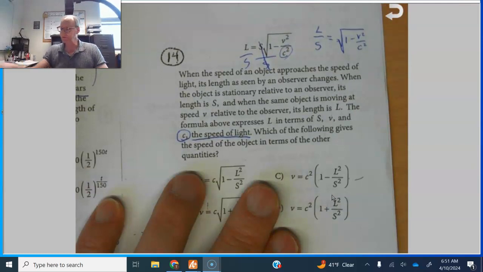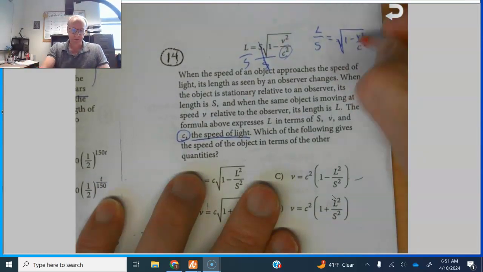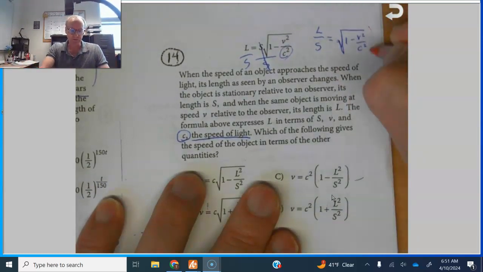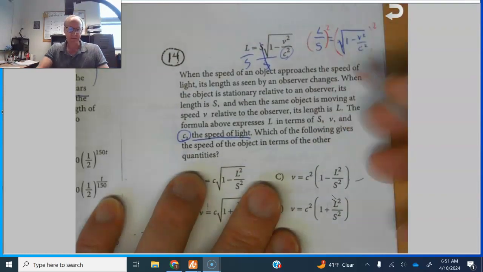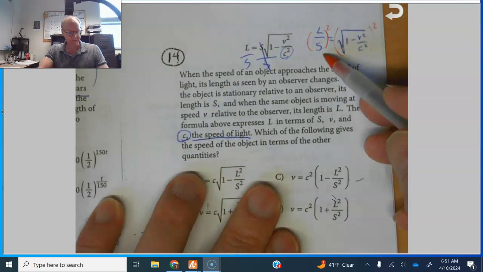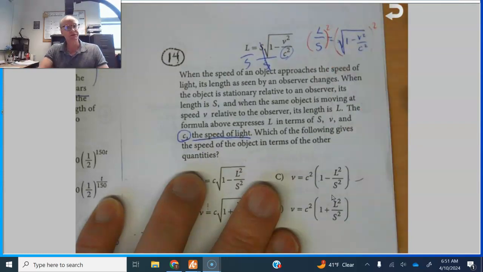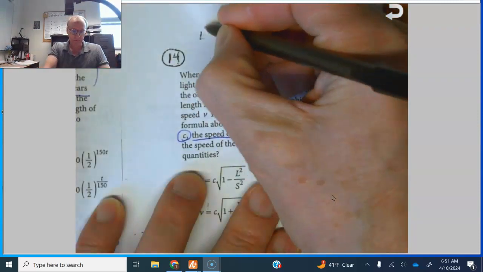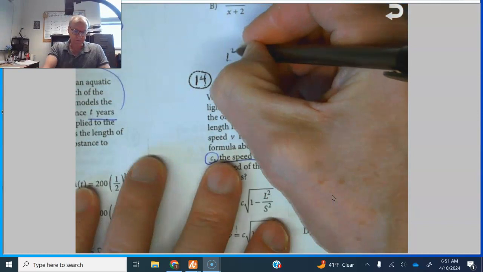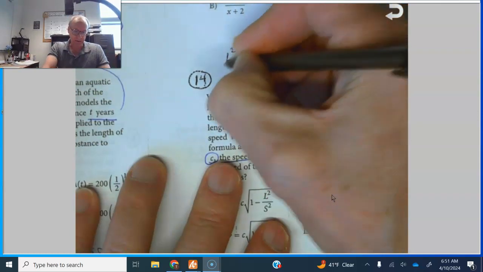Now what I'm going to do is square both sides. In order to get rid of the square root, I have to square both sides. This is going to be L squared over S squared, and there's more to it than that. It's really tricky. This one actually needs to be on a separate paper, but I'm just going to write it on here.